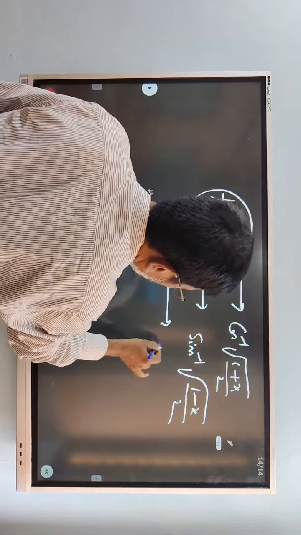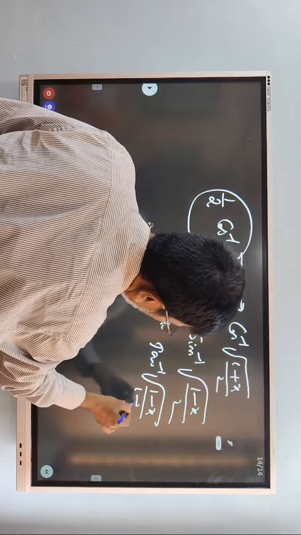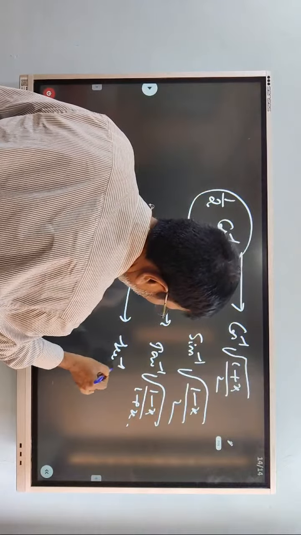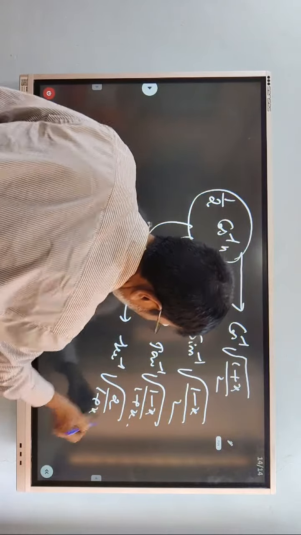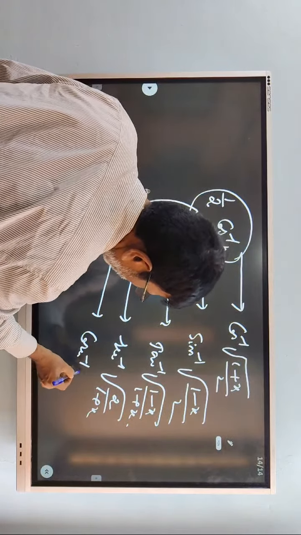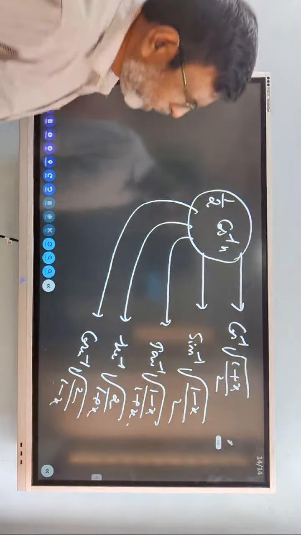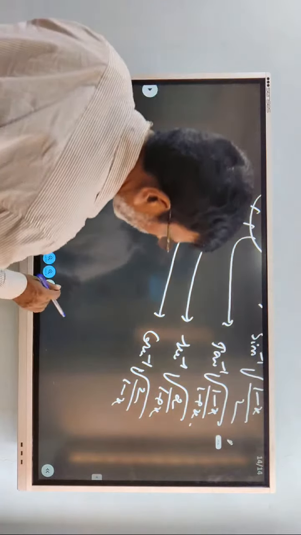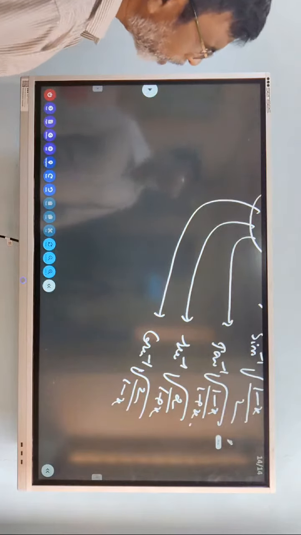Then tan inverse of root of 1 minus x by 1 plus x. Secant inverse is 2 by 1 plus x. Cosecant inverse is root of 2 by 1 minus x. So these are the advantage formulas while taking that.